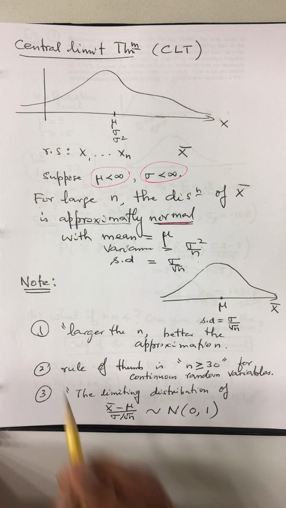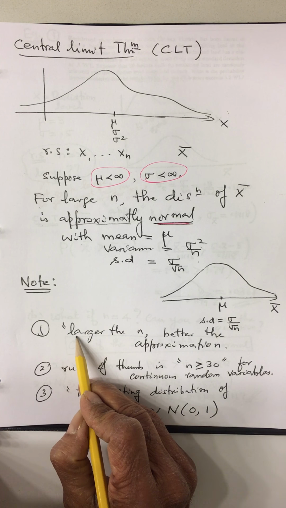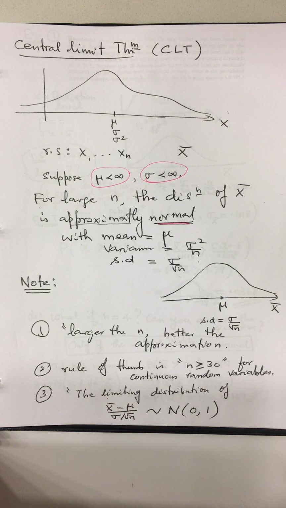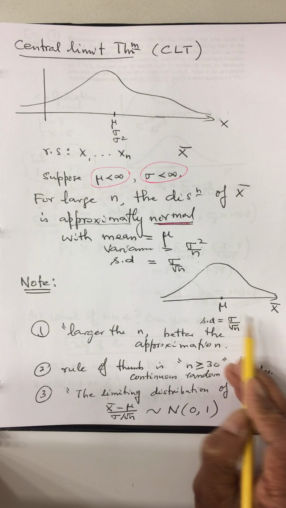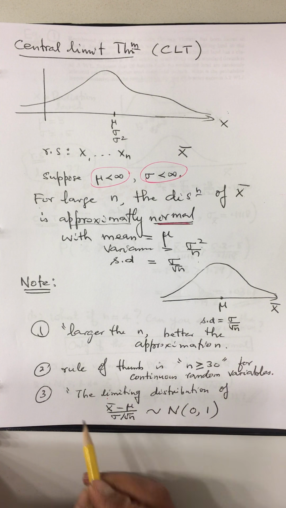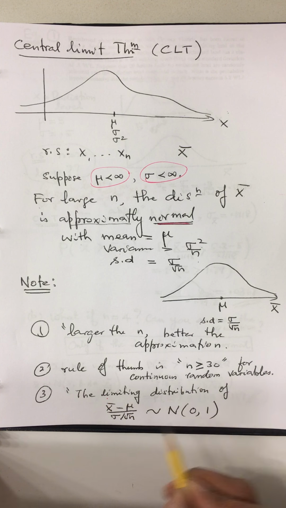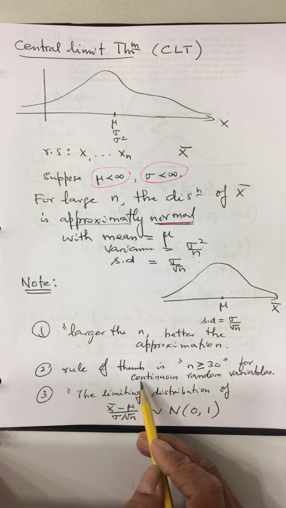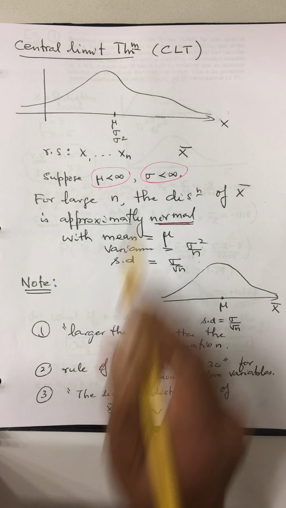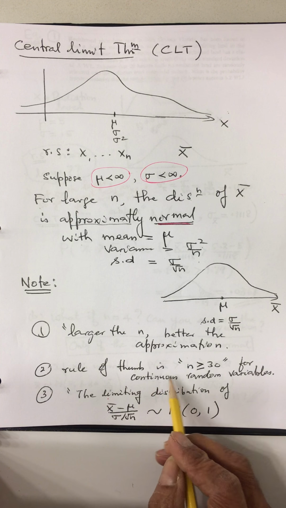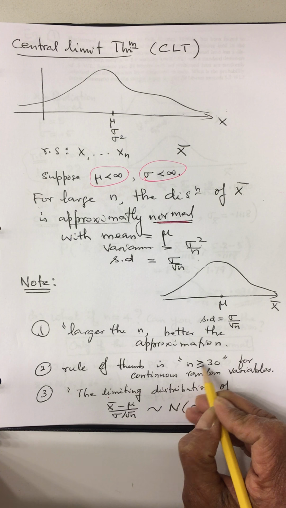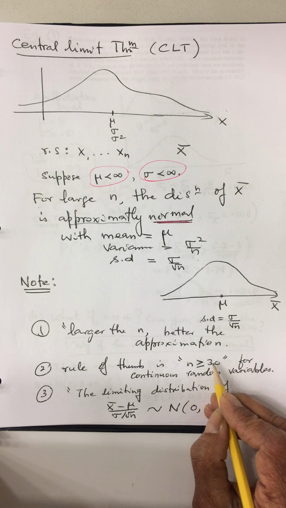What we are saying is this: the larger the n, the better the approximation. When n is getting bigger and bigger, the distribution of X bar is getting closer and closer to the normal curve. The rule of thumb for large n is that if X is a continuous random variable, or the values are continuous values, then it is not exactly correct, but n has to be at least something like 30.